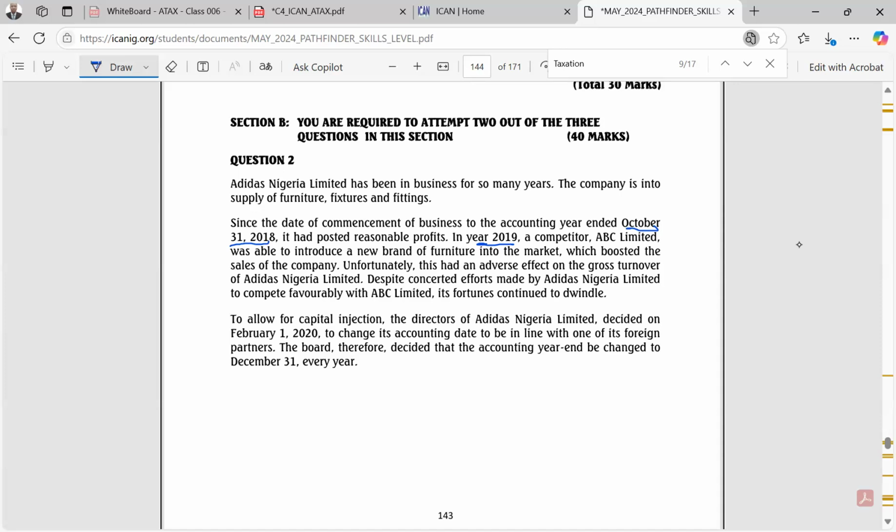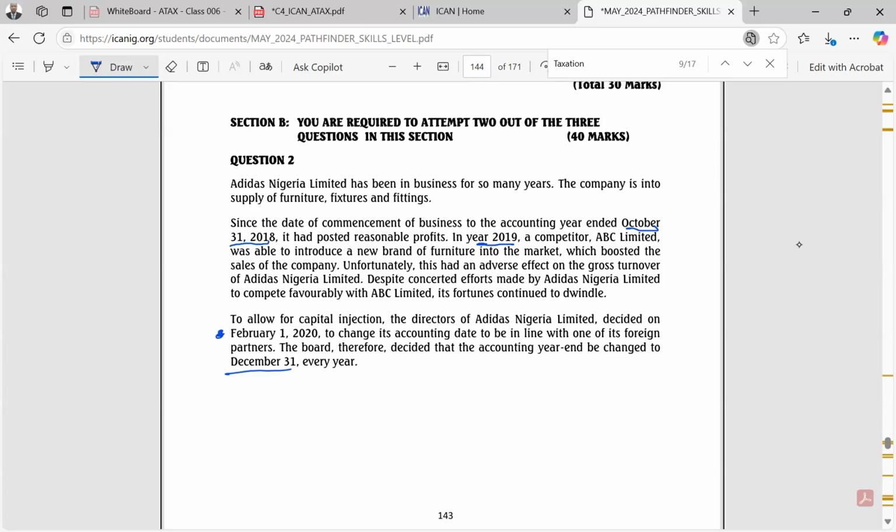To allow for capital injection, the directors decided on February 1, 2020, to change its accounting date in line with one of its foreign partners. The board therefore decided that the accounting year be changed to 31st December every year.